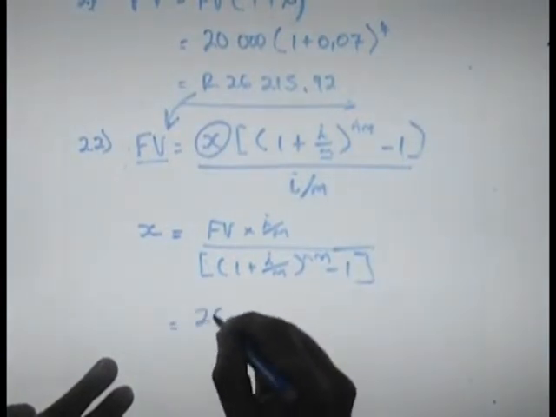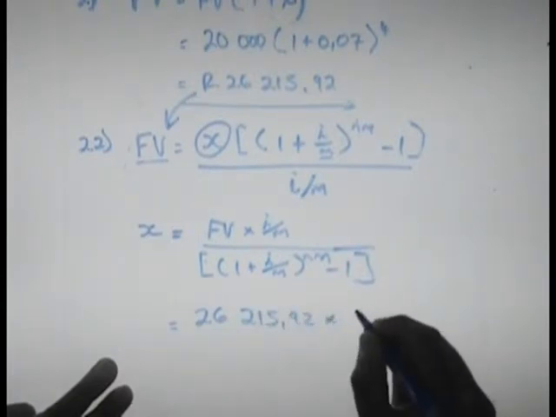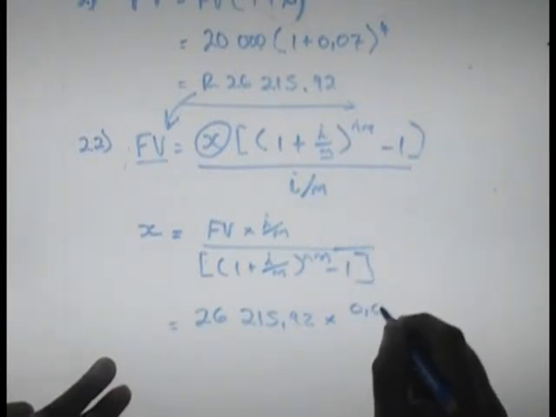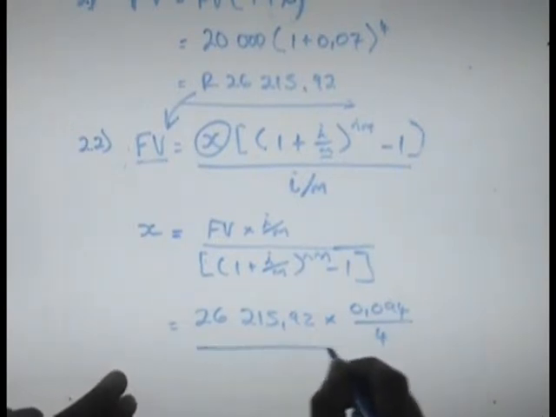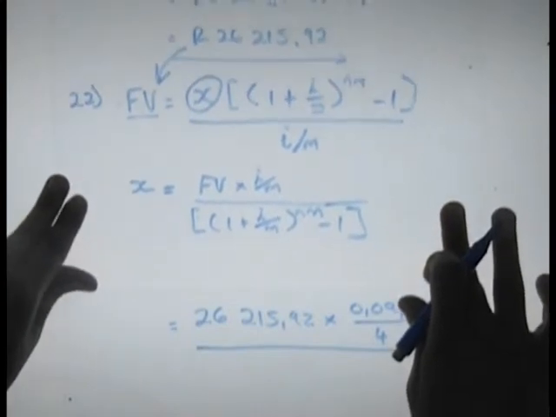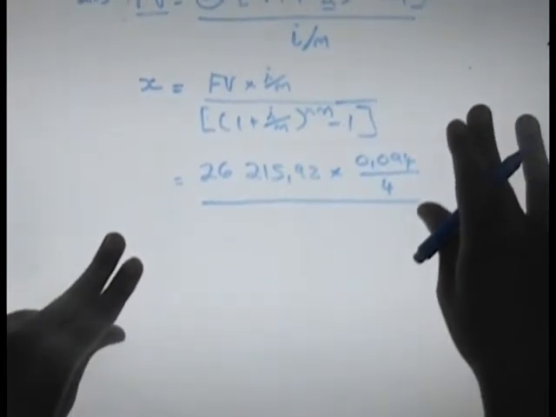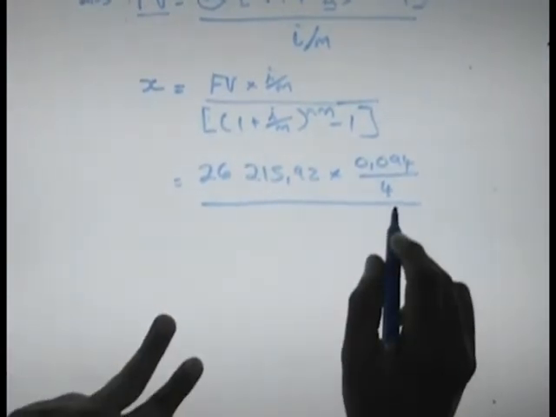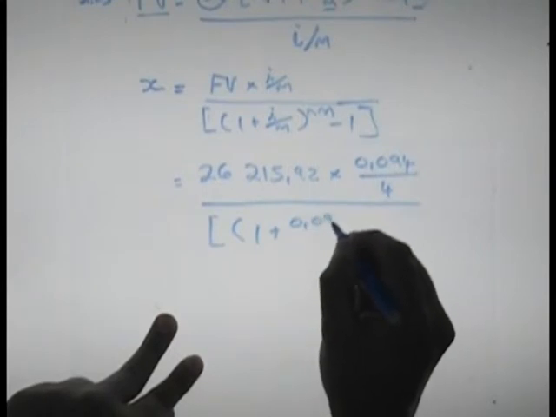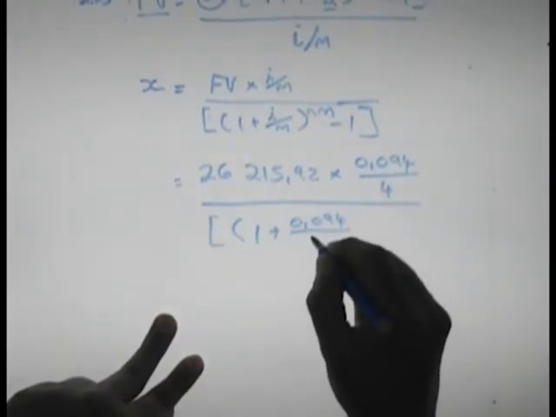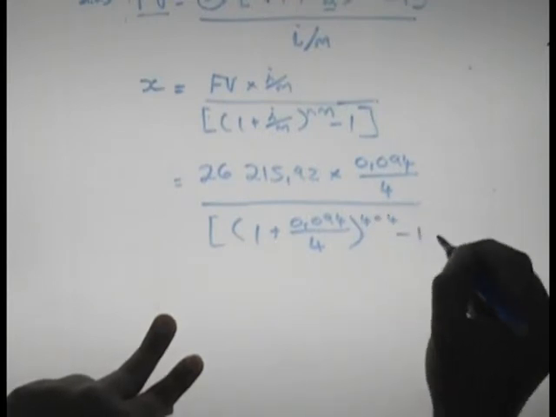Future value is 26,215 Rand 92 cents multiplied by our interest of 0.094 over the number of compounds a year, 4, compounded quarterly, divided by 1 plus interest 0.094 over 4, to the power of 4 years multiplied by 4 compounds a year, minus 1.